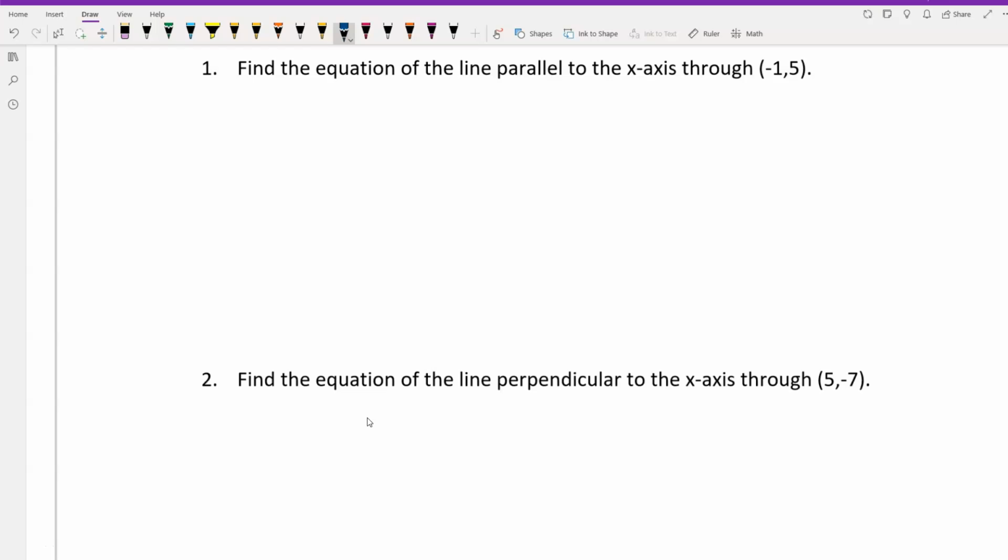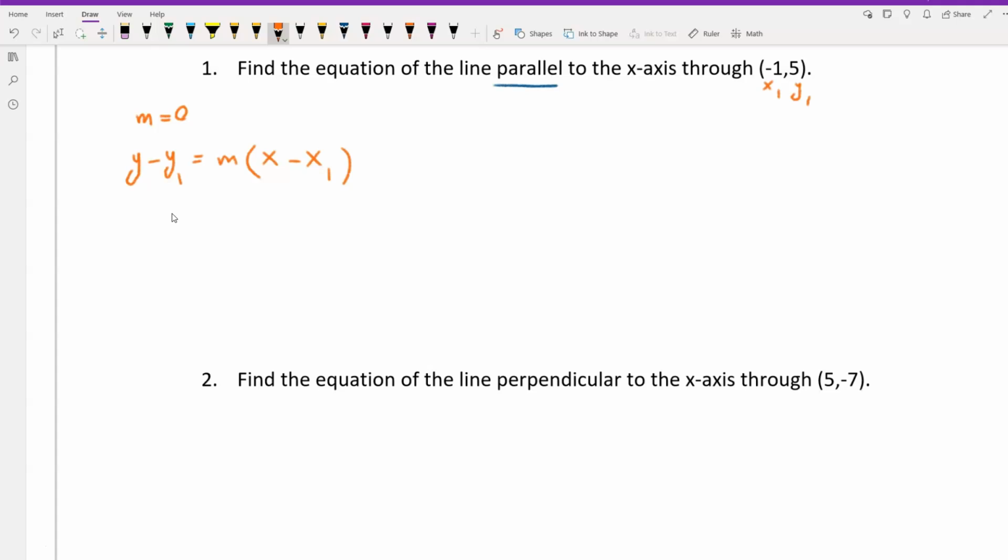Find the equation of the line parallel to the x-axis through -1, +5. So here it says parallel to the x-axis. That means our slope is equal to 0 because it's parallel to the x-axis. So slope is 0, and I now find our equation.